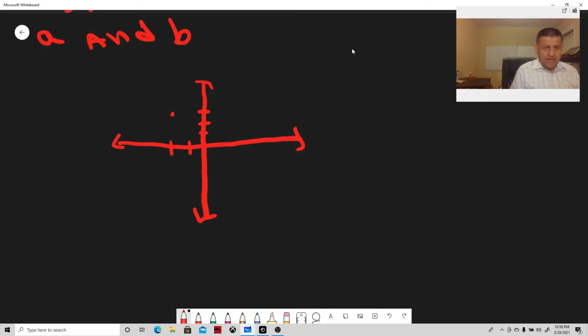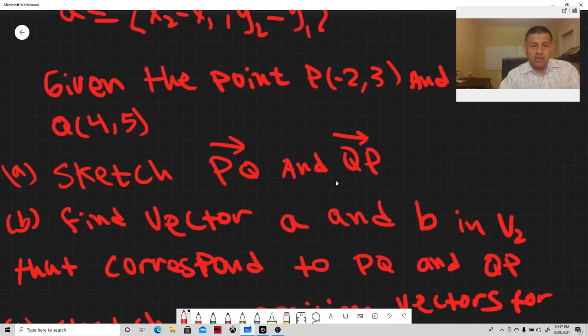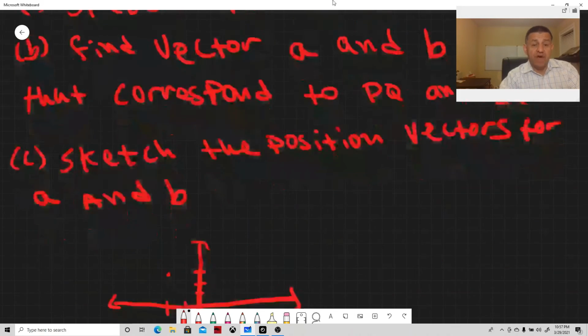And from that, I draw a line towards the other point, which we have back here, (4, 5).